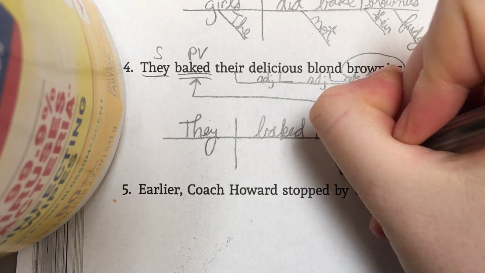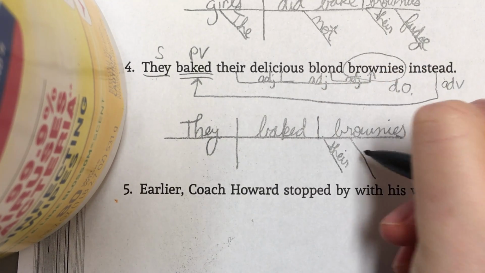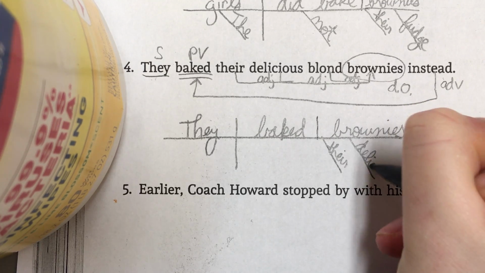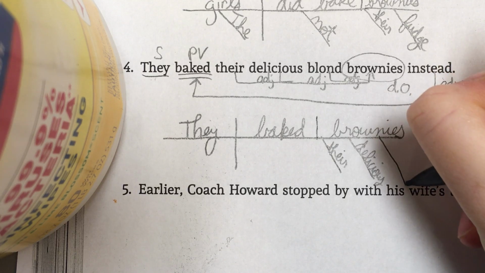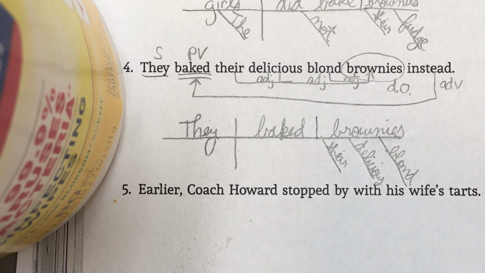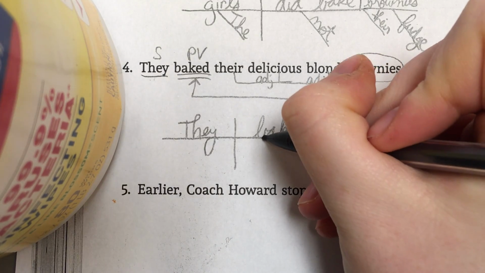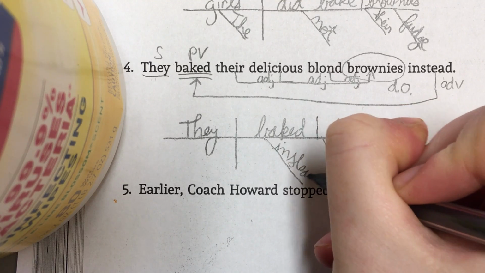What kind of brownies? Their brownies. Delicious brownies. Blonde brownies. And instead is going to go under our verb because we labeled it as an adverb.